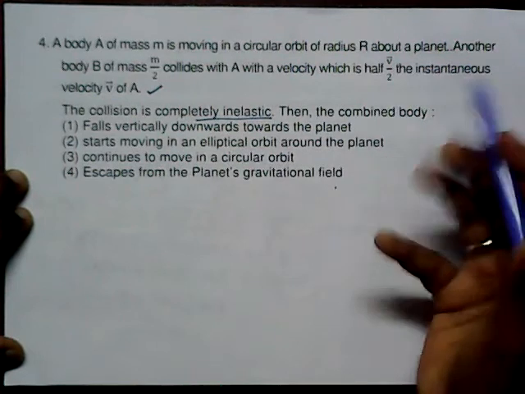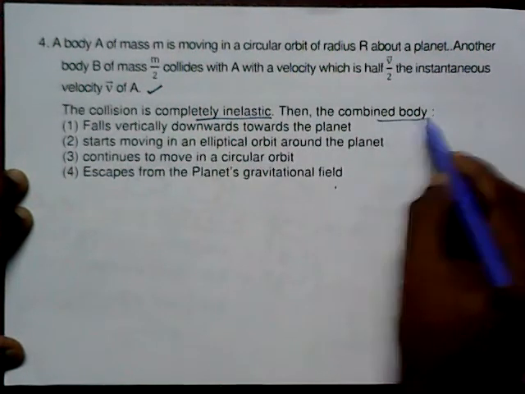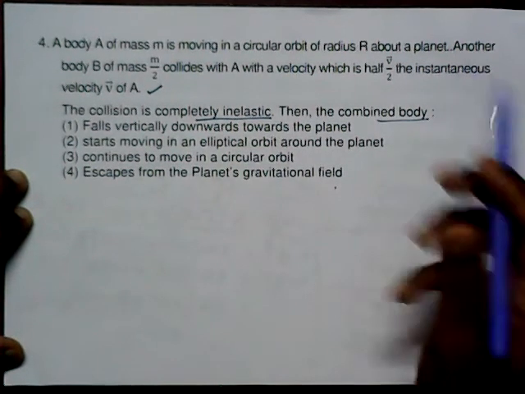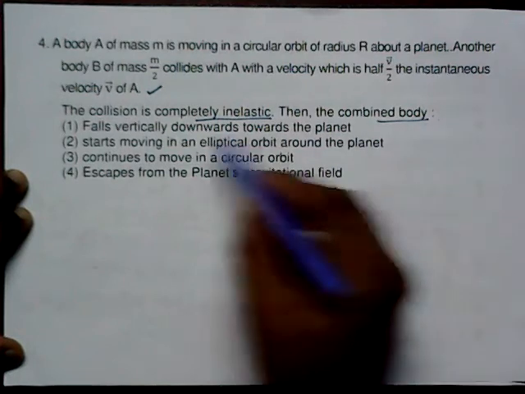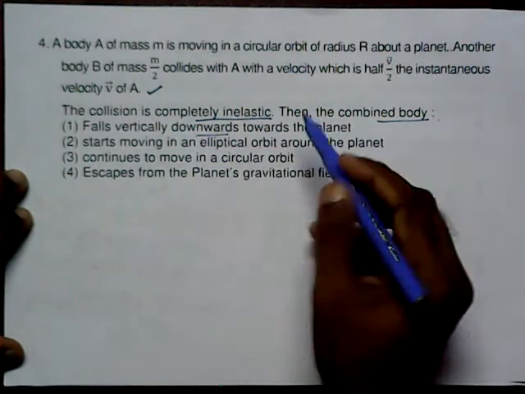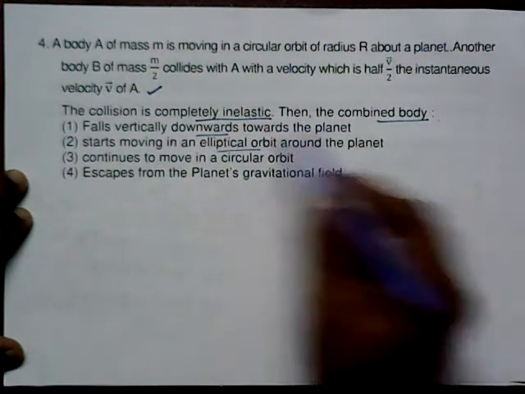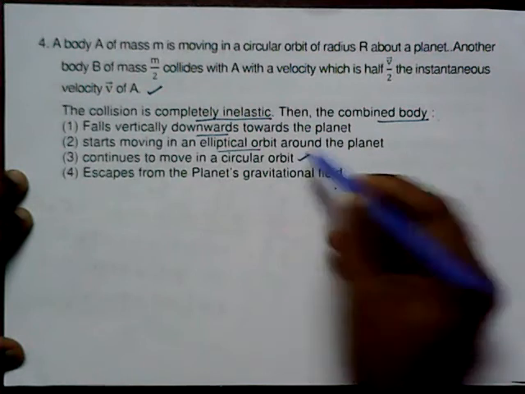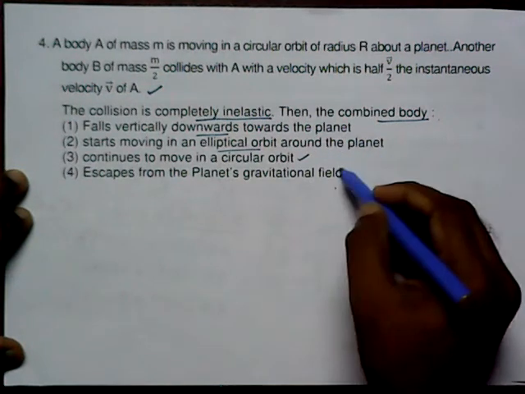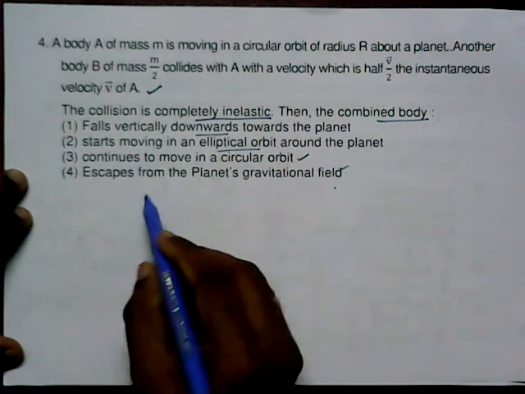That means after collision they combine together. Then what happens to the combined body? Options: it falls vertically downward, it moves in an elliptical orbit, continues to move in the orbit, or escapes from the planet's gravitational field.